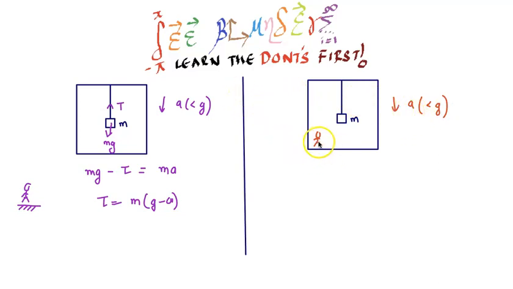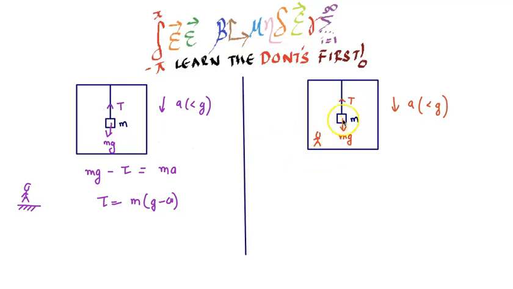But the observer is inside the lift. So what will the observer observe? The observer is still going to observe that the weight of the block acts on it, and they're still going to see a tension in the string T, right?